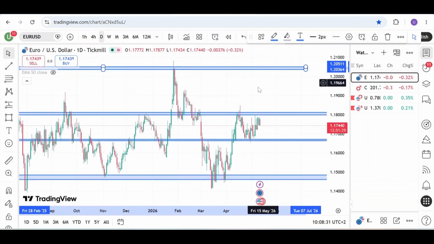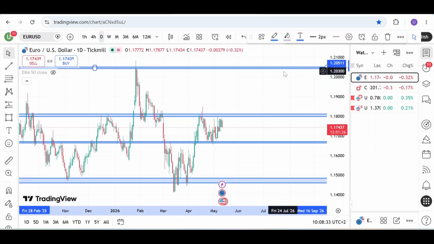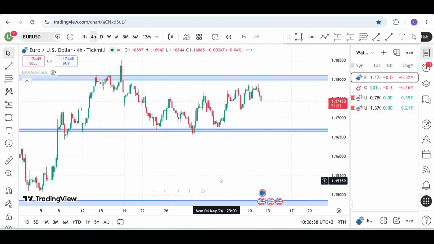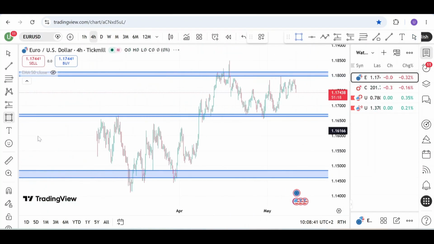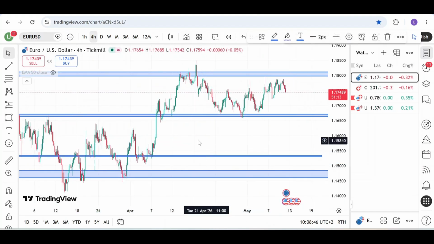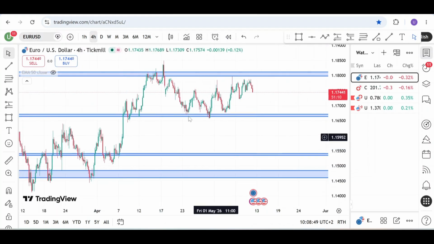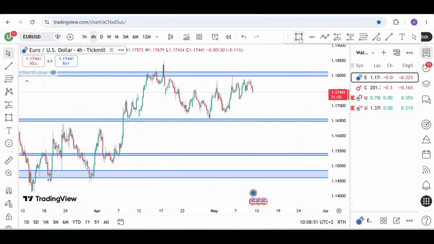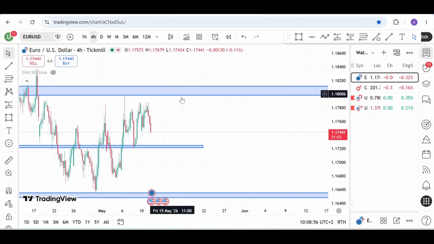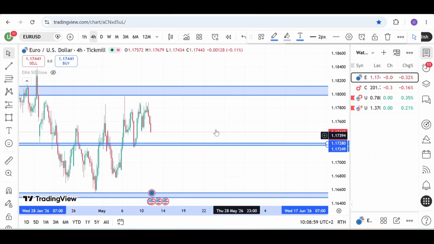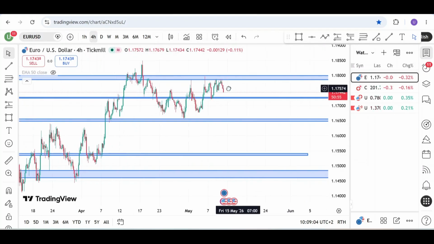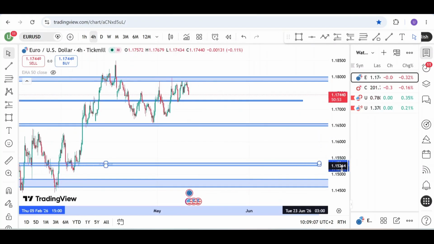As you can see, this is also another zone here. So we go to H4 to see if we can capitalize on this move. Here, the market structure is not clear.